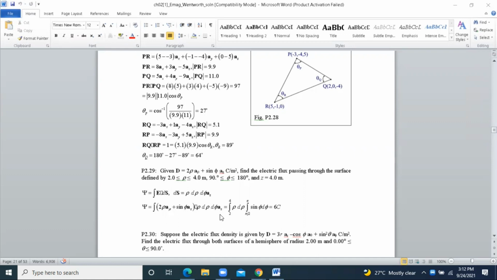Look at it. You know that the correct angle is a z, right? So this is your dS.